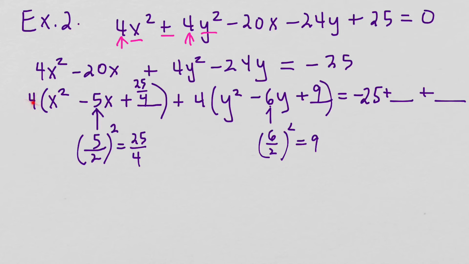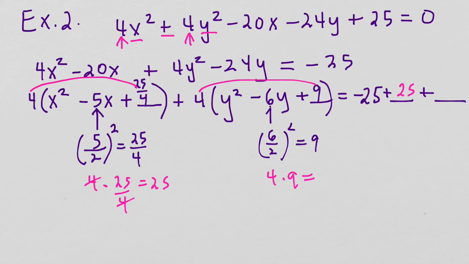So we want to multiply 4 times 25 fourths. So that's just 25. All right, so that's 25 that you're going to put over here. All right, so I distributed these two. I have to do the same here. So that's 4 times 9, that's 36.